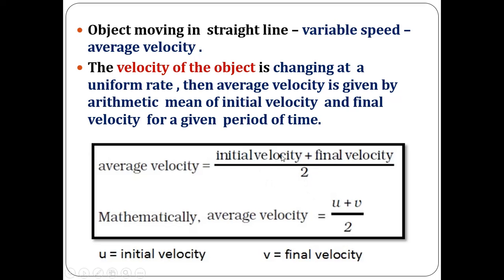Initial velocity is represented by the letter u, and final velocity is represented by the letter v. So average velocity is equal to (u + v) by 2. Understood, children? To calculate the average velocity of an object, add the initial velocity and final velocity and divide by 2, that is (u + v)/2.